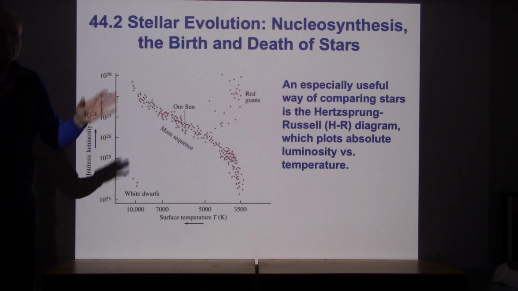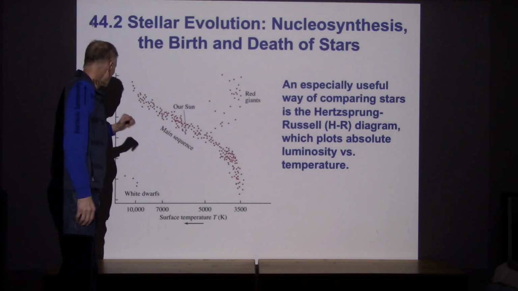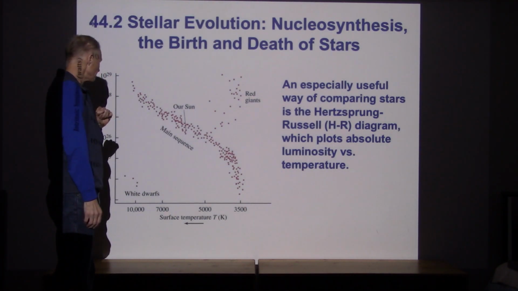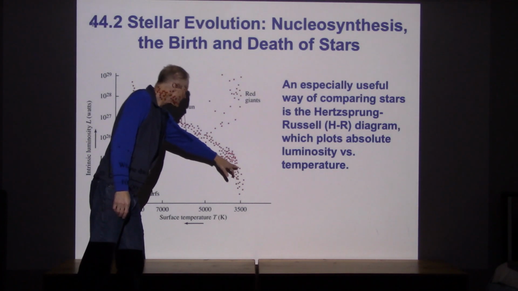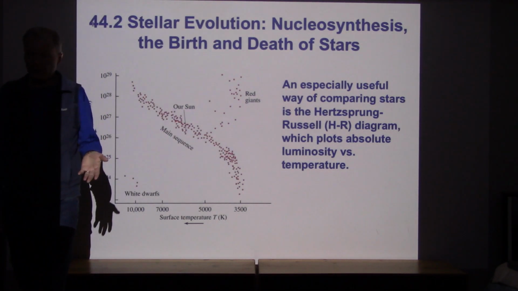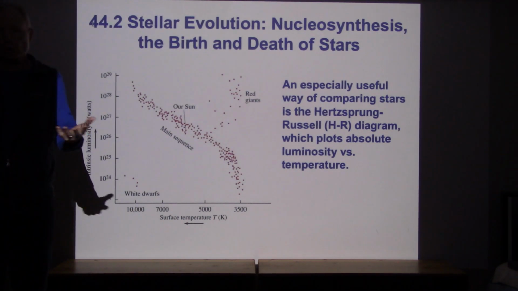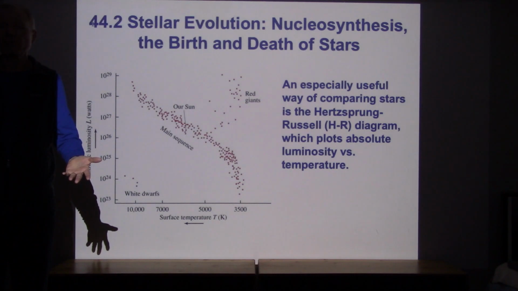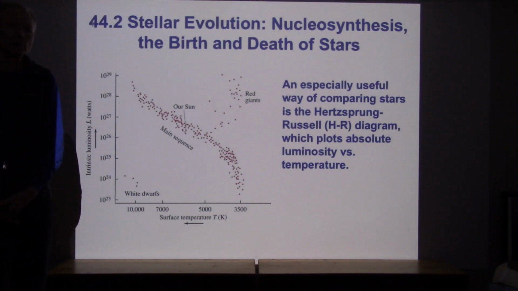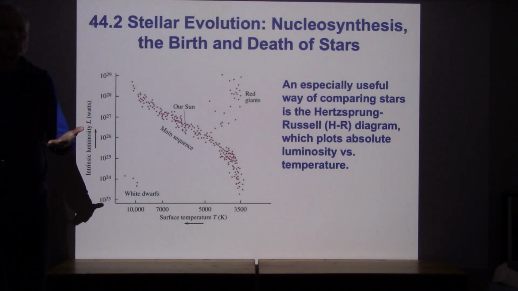It could be the main sequence. Anyway, let's see. The main sequence turns out to be stars that are in the process of fusing hydrogen to helium. It's the earliest stages in a star's development or a star's evolution. That first step in fusion is hydrogen to helium.